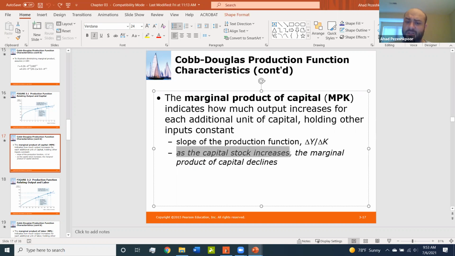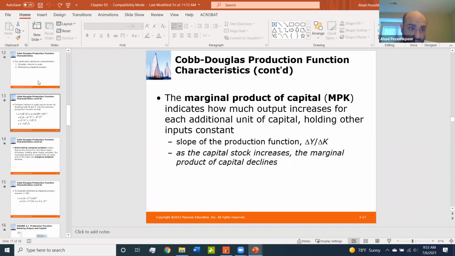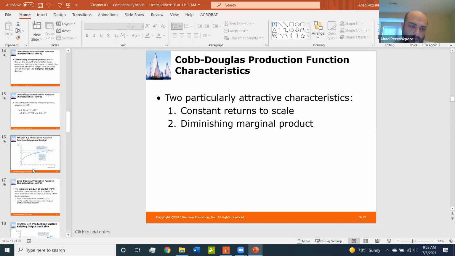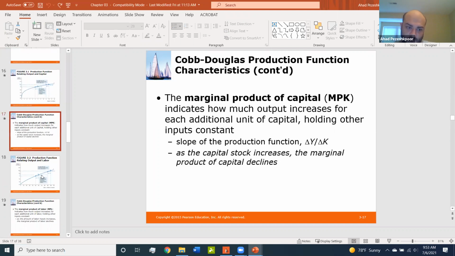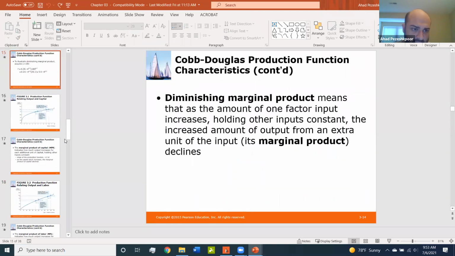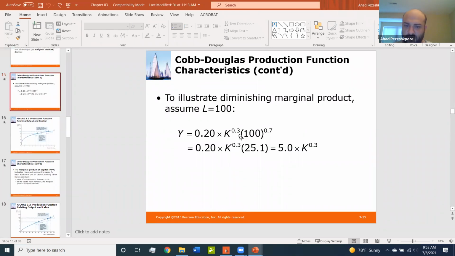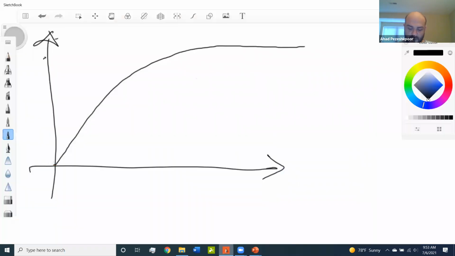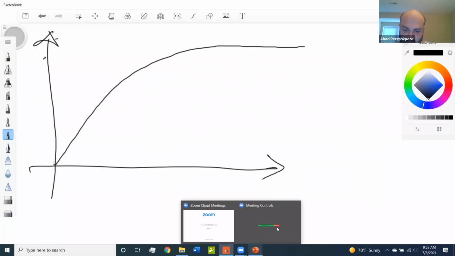As the capital stock increases, the marginal product of capital declines. This is the decreasing, or diminishing, marginal product law. So this is how we show it. Let's say this is our production function. We need to take the derivative of this production function.